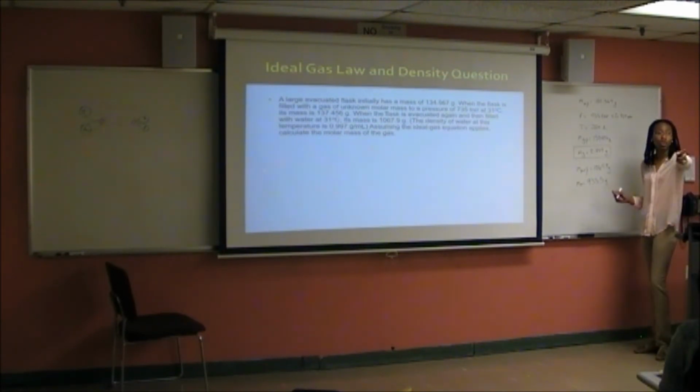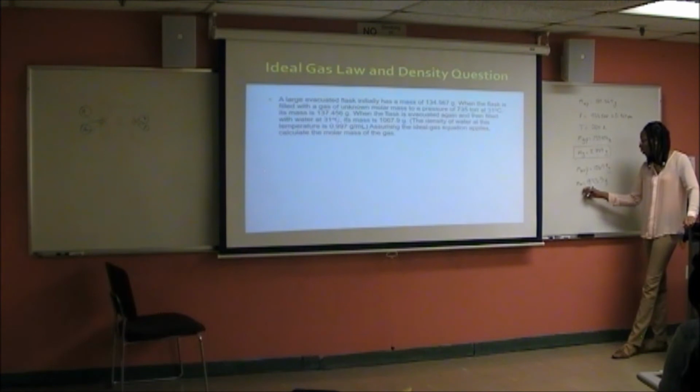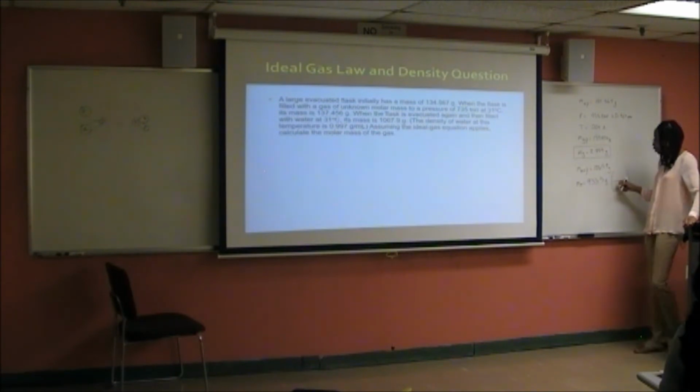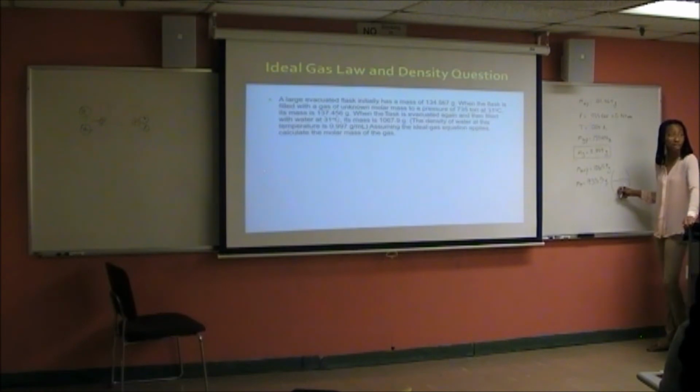Using the density. So if your mass is 933.3 and your density is 0.997 grams per milliliter, what goes on the bottom? The density goes on the bottom.